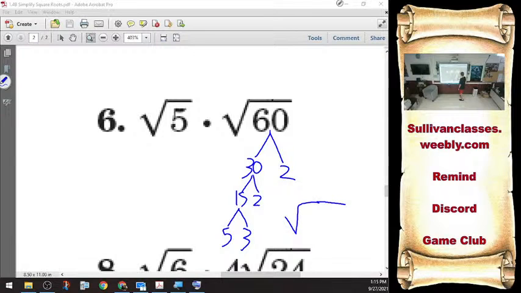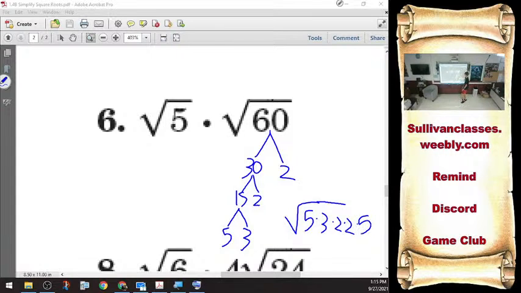Okay, now that was the 60. You also multiplied it by square root of 5. So go throw another 5 in your radical.